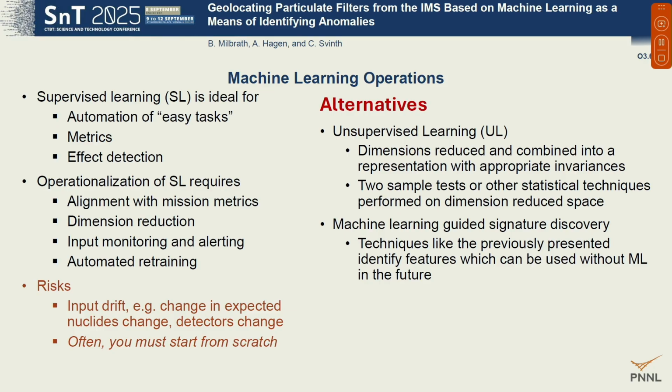And then you can do things like two-sample tests or other statistical techniques on your reduced dimension space to better operationalize your automatic analysis. And of course, machine learning can also guide signature discovery.